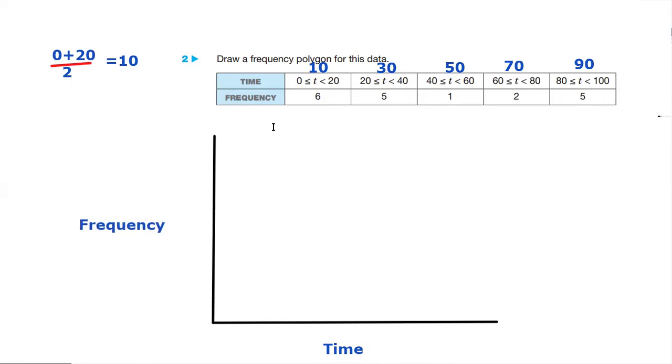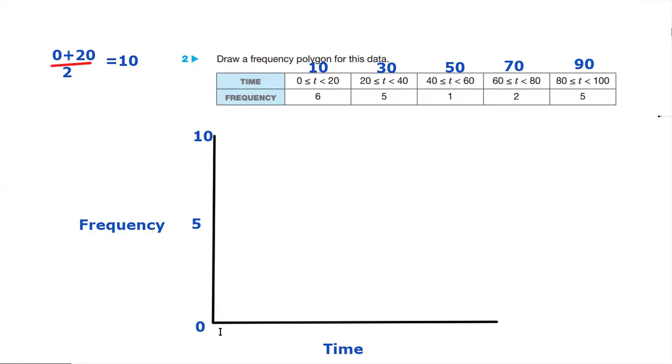We notice that the frequency's highest point is 6. This means that you can make this graph from 0 till 10, for example. So let's say this is 5 and this one is 10, and between them you have other numbers. If you have space, you can draw them or write them. Most likely the question will come with its own grid to use. Now for the time, I have 10, 30, 50, 70, and 90.